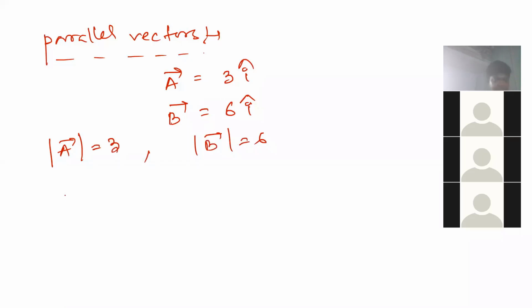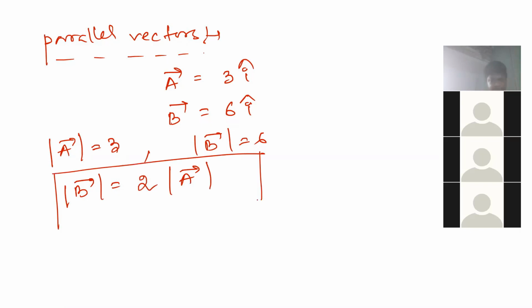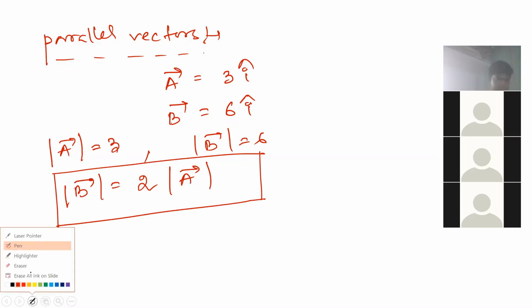And I can say that the magnitude of B vector equals twice the magnitude of A vector. Is this condition true or not?